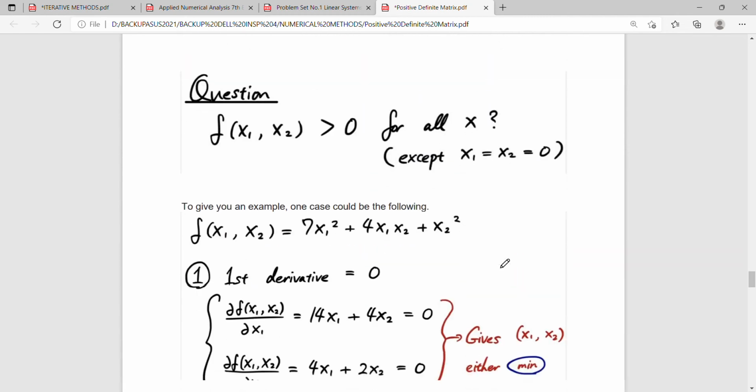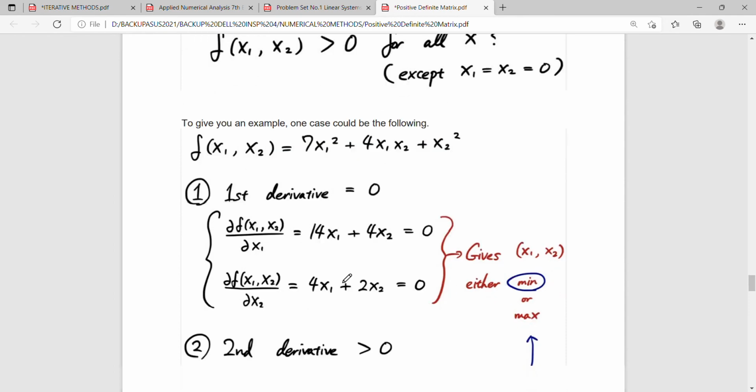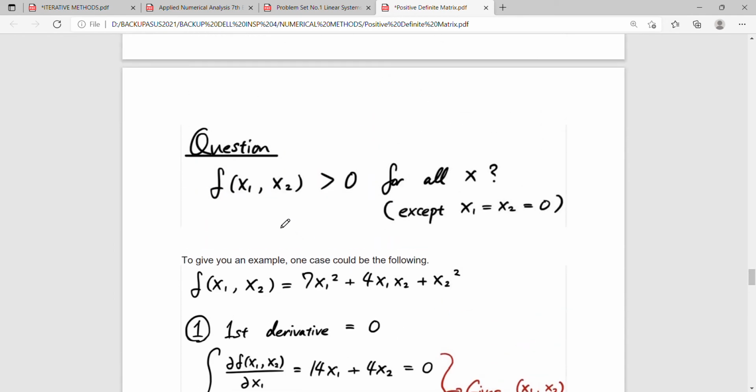Okay, so you can do some substitution later. So question, if your function of x1, x2 is greater than 0 for all x, then it is now a positive definite matrix. Except, of course, with a very trivial case wherein your x1 and x2 equal 0, this can be evaluated to 0.